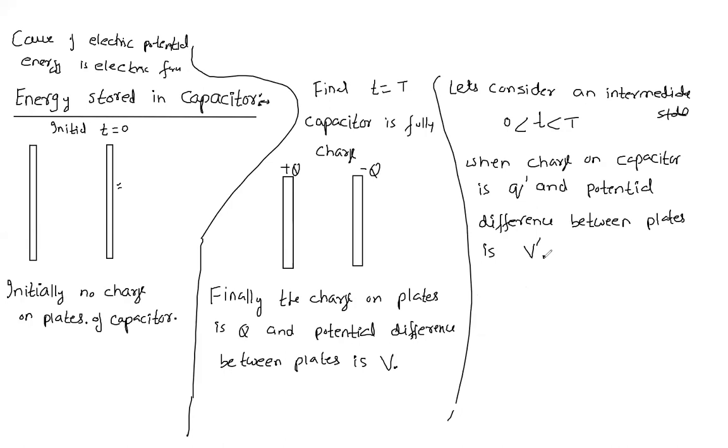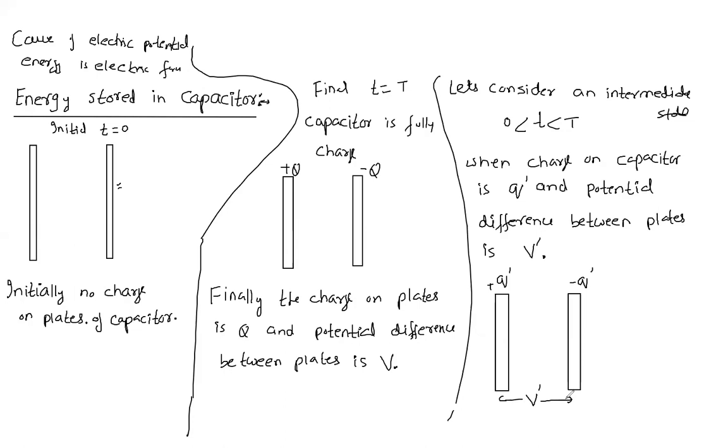We are considering an intermediate state. So these are the plates of the capacitor at some time instant t equal to t, when the charge on the plates is plus Q prime and minus Q prime, and the potential difference between the plates is V prime.